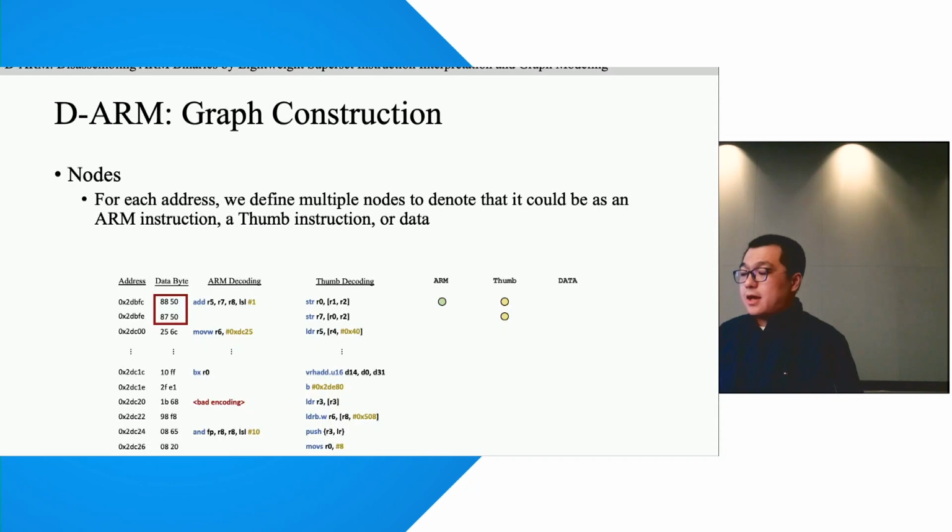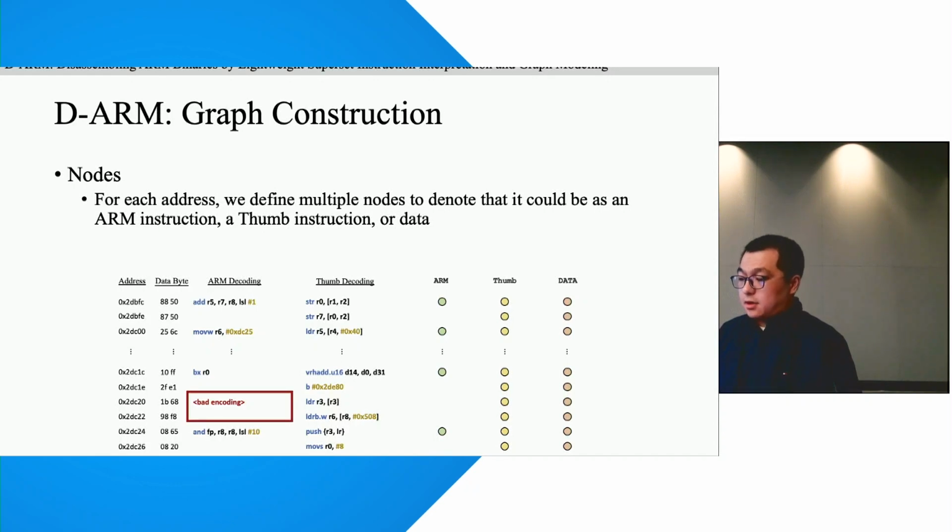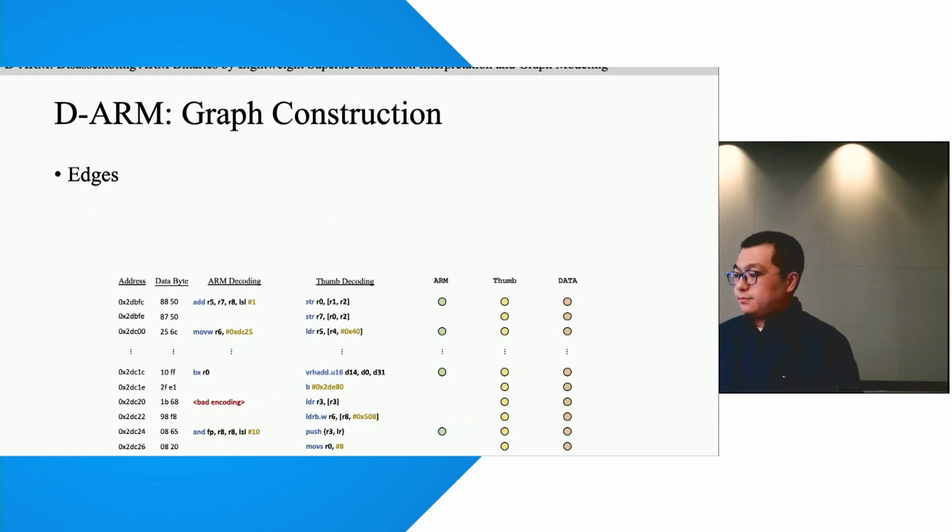It is also possible that they are inline data, so we also have 2 data nodes for these bytes. It is the same for other bytes. Note that if the bytes at this address cannot be decoded as a legal instruction, the corresponding instruction nodes are not needed in the graph.